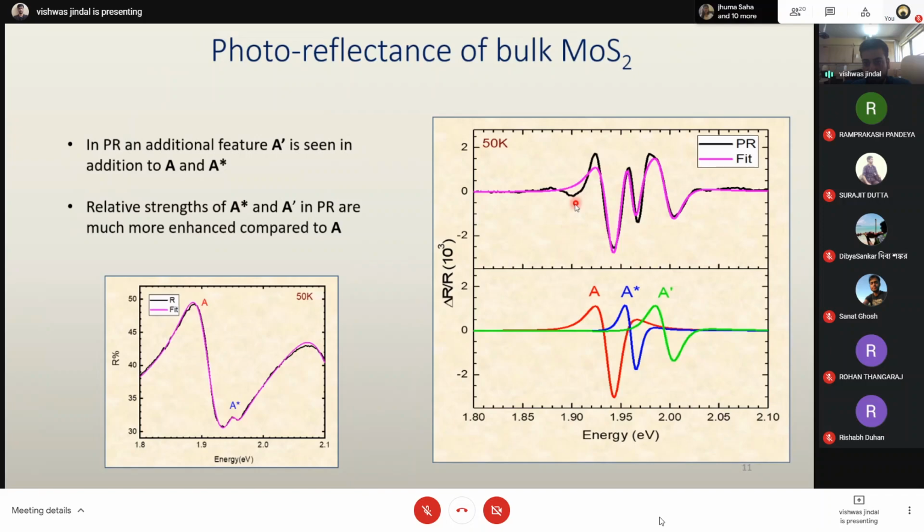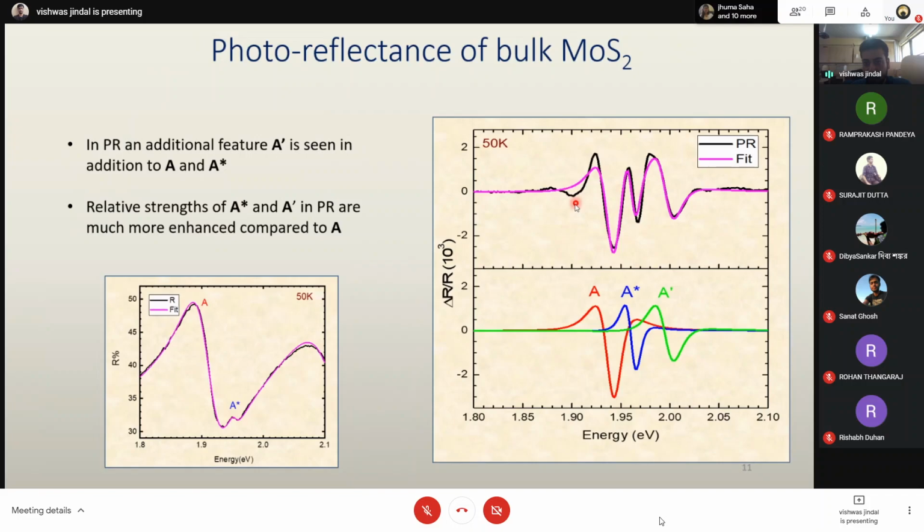But now the interesting thing is, in R, this A is very intense, and A star is very small compared to the A exciton, and you don't actually see anything else beyond that. But in PR, these three features are of almost similar magnitudes.